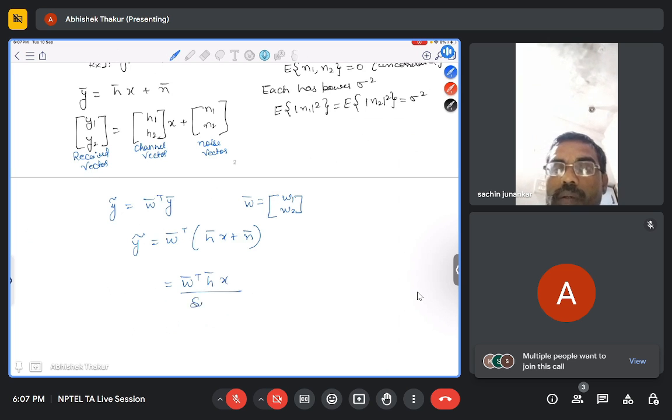So this is our signal component, and the second part is the noise component.